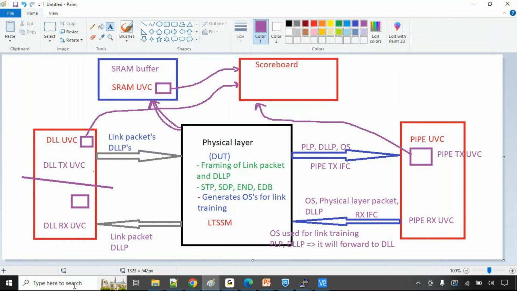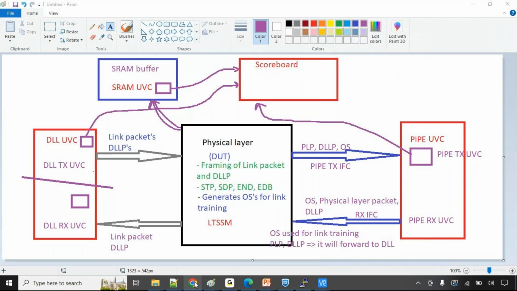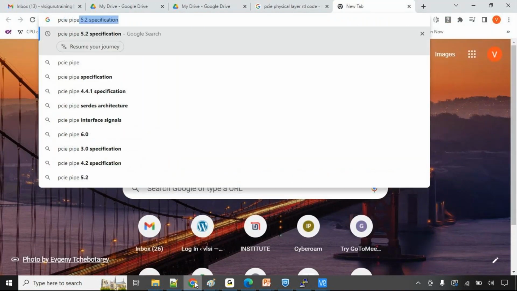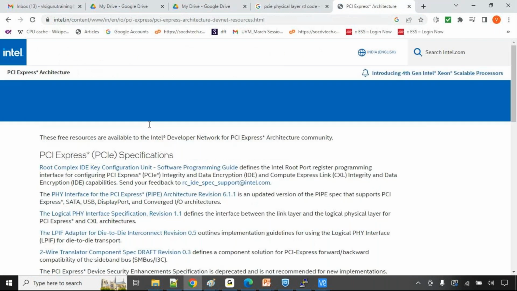If I go to the internet and search for the PCIe PIPE 5.2 specification and download it, let's say you download this one.